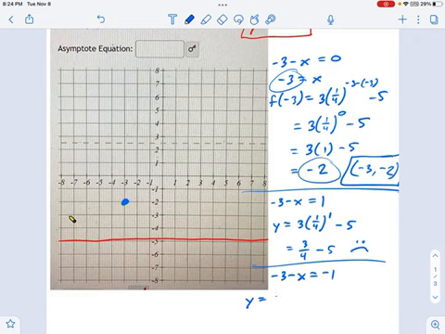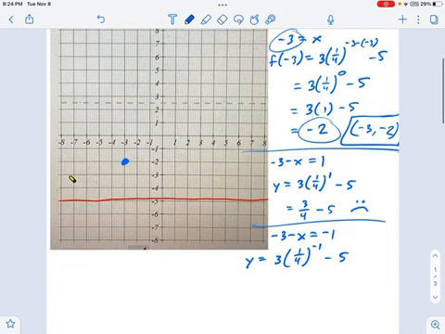Y equals 3 times 1/4 to the -1, right? I chose my -3 minus x to be equal to -1, minus 5. And now this is going to be 3 times, well, if you're worried about this part, remember that 1/4 is just 4 to the -1.